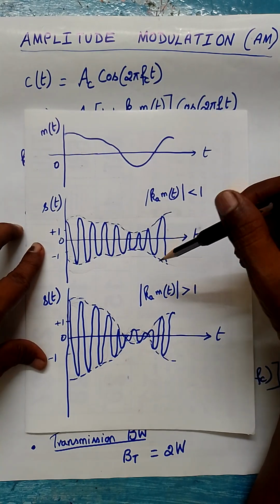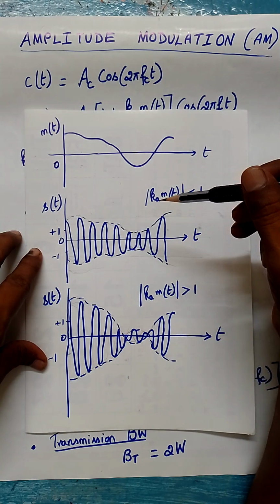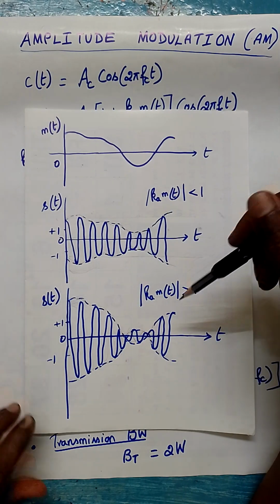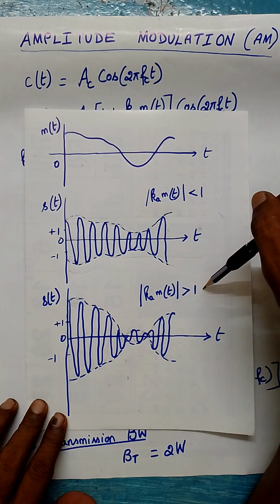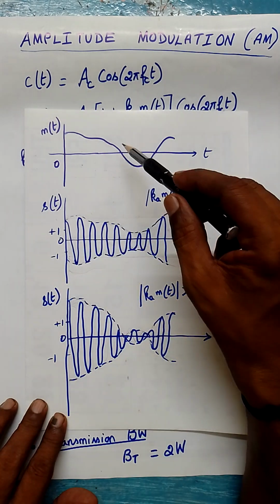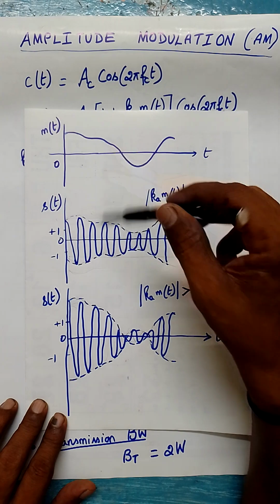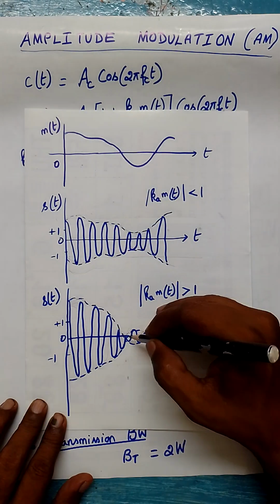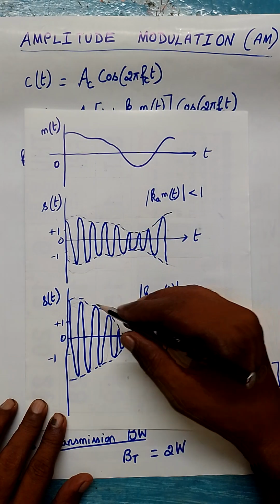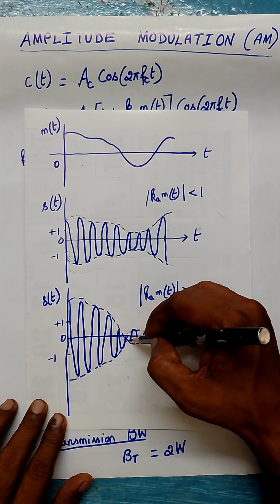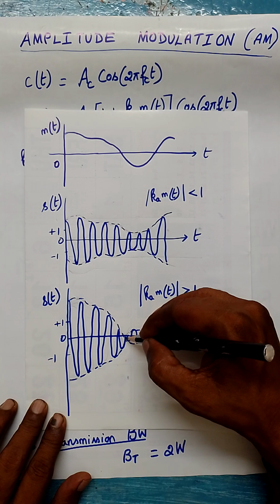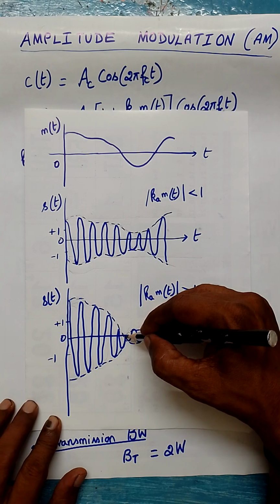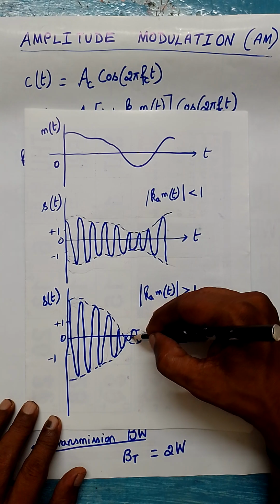But as I just told you, for the overmodulated signal, |Ka m(t)| is greater than 1. In this case, you can see the baseband signal, but whenever it crosses the 0, the waveform goes like this, crosses 0. So this is the carrier wave. At the point of crossing the 0 level, you can see the phase reversal.